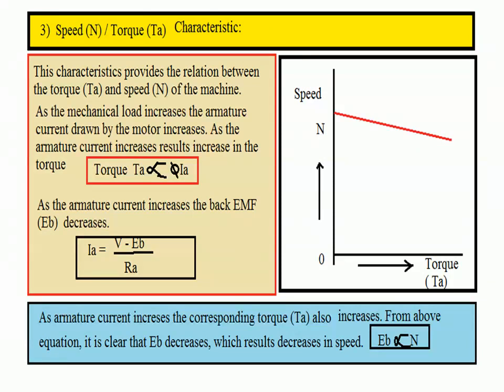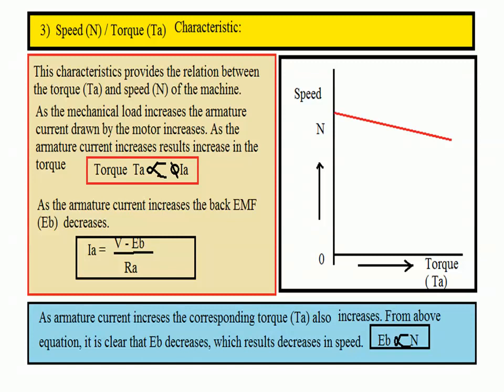Last, number three, speed versus torque characteristic. The name itself implies this characteristic provides the relation between the speed of the motor and the torque developed by the motor. Already we know the torque developed by the motor is proportional to flux and Ia. As the armature current increases, the back EMF decreases, from the expression Ia equals V minus Eb by Ra.